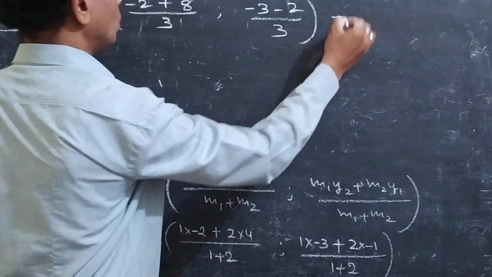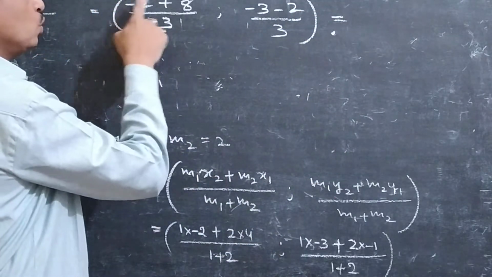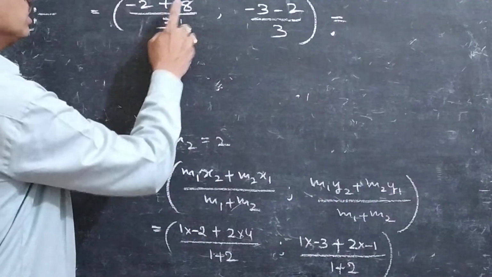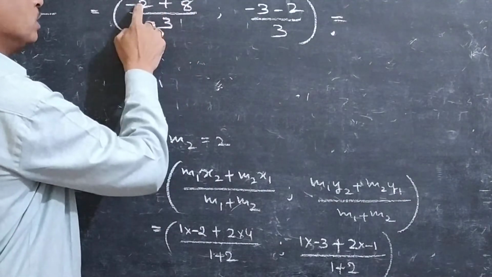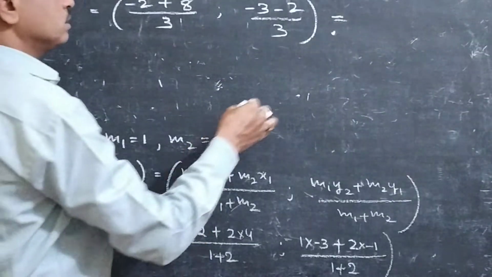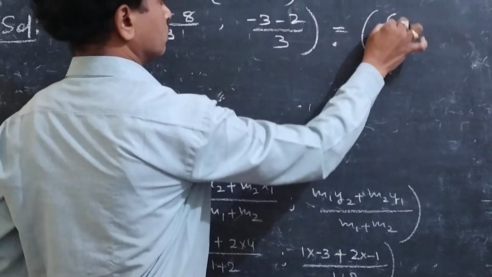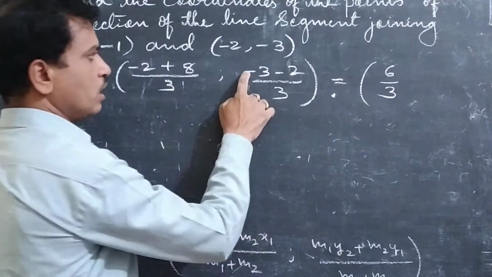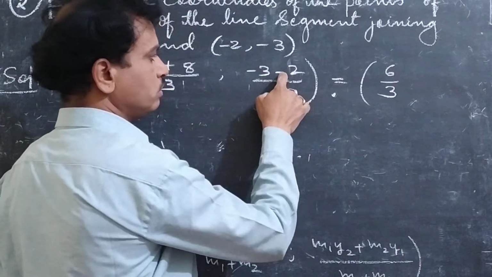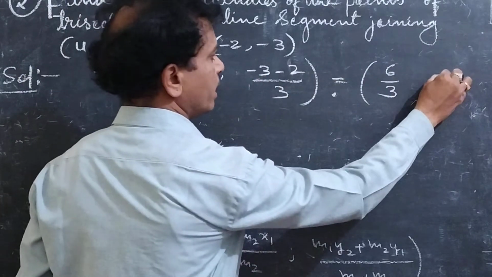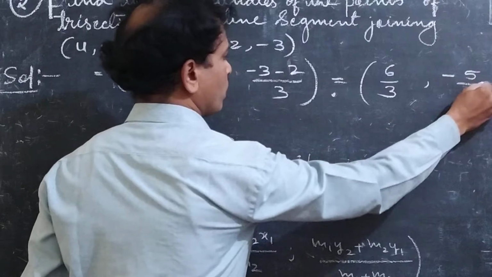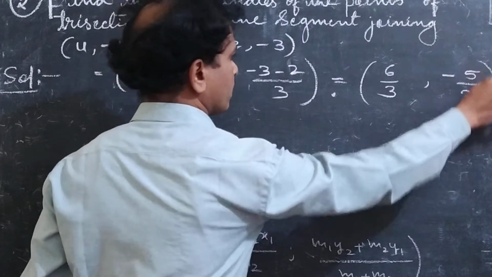Then -2 plus 8, both are opposite signs, so we subtract: 8 minus 2 is 6, divided by 3. Then both are the same sign, so keep the minus sign and add 3 plus 2, that is 5, divided by 3.